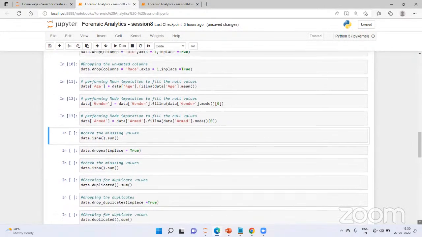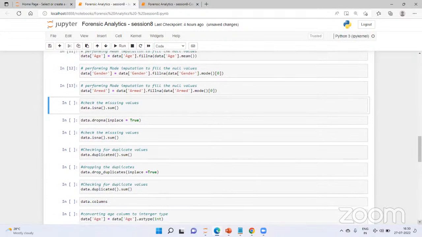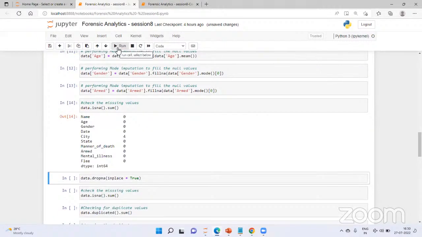Check the missing values. Checking the data now, are any NA values present? Now no NA values in my data set. Yes, it is fine. Now I can see there are 4 missing values present in the city column. Anyway, 4 is a small number, so I can use the dropna method to remove them.